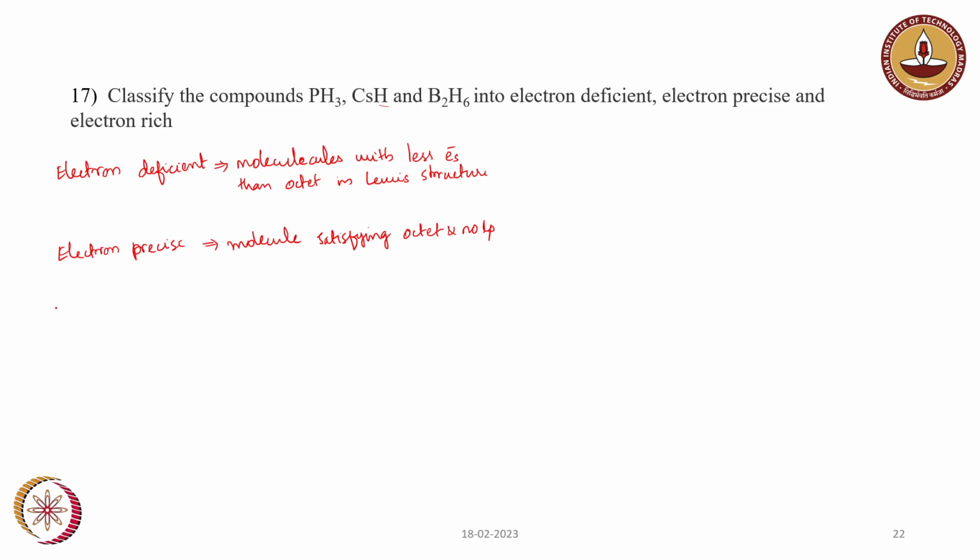And the next one is electron rich: molecules with an octet that will have lone pairs of electrons.